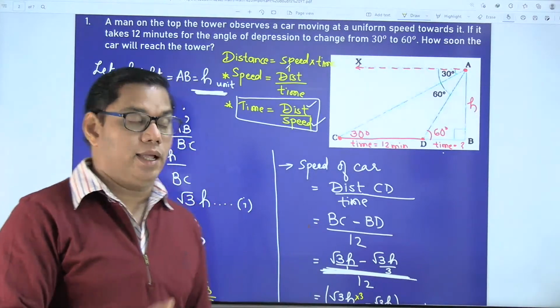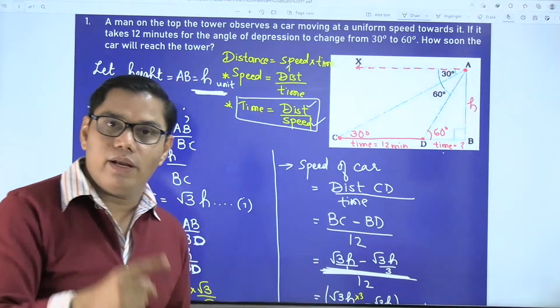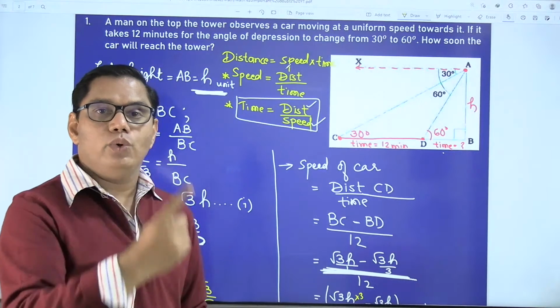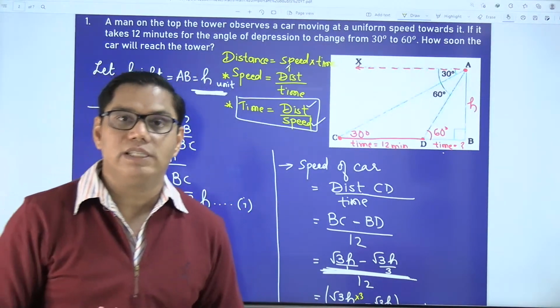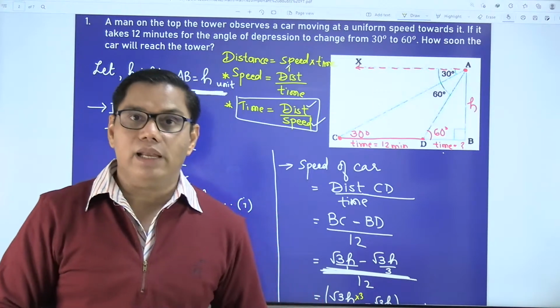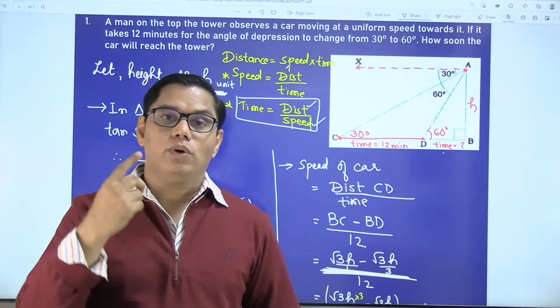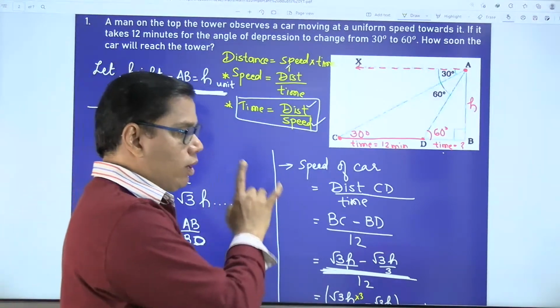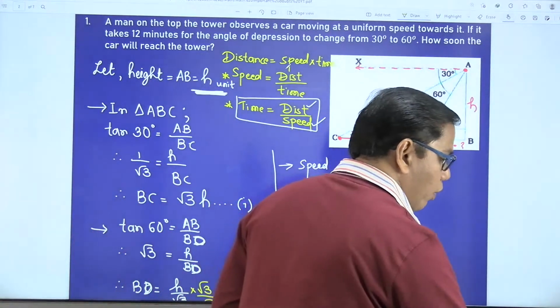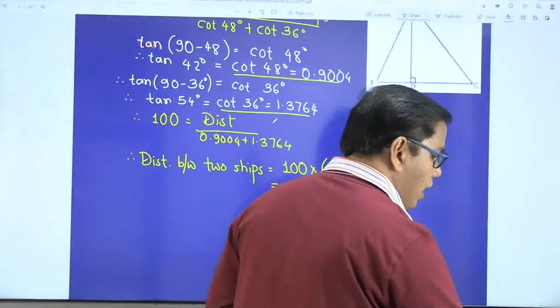I repeat once again, whether the diagram is given or not given, you have to redraw this diagram. And all these rules which I am telling you, I have not framed these rules. These rules are given to us by the council. So please make sure that you draw a diagram when questions of heights and distances are involved.